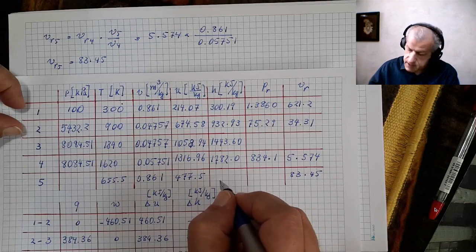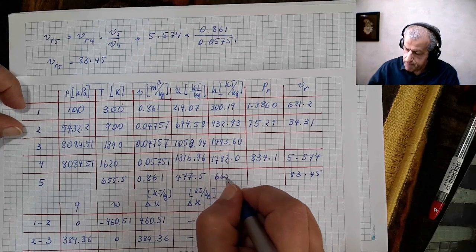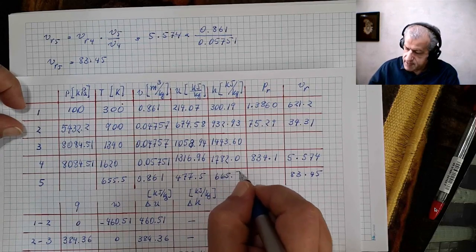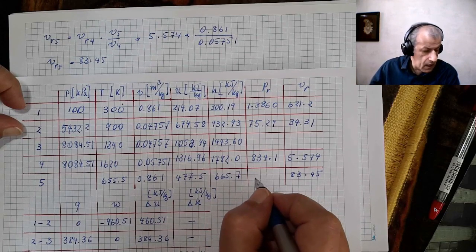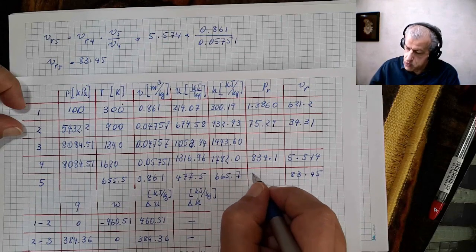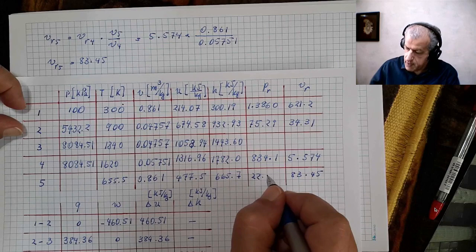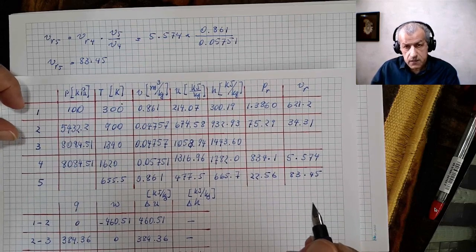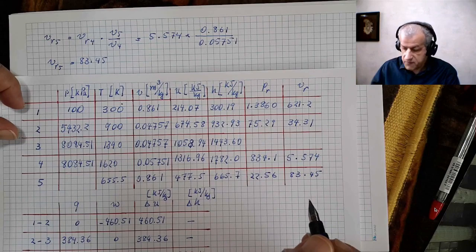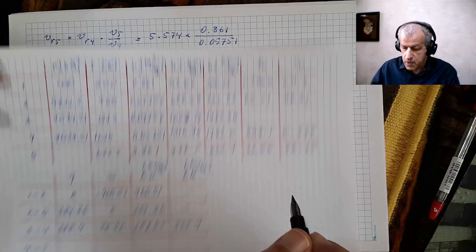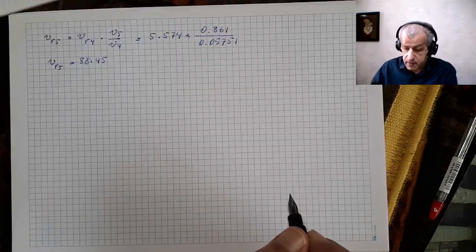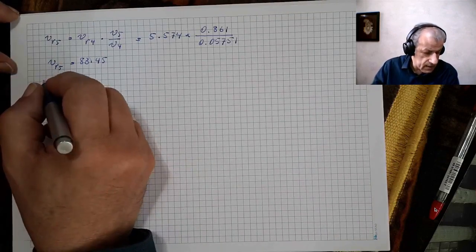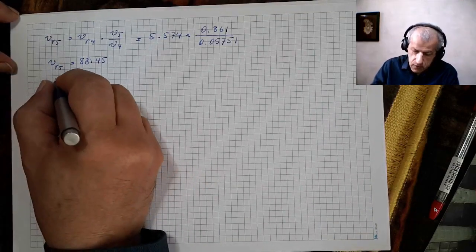H5 is 665.7. And PR is 22.56. The only remaining unknown is P5, which once we know PR5, it's very easy to calculate. That's how we do it.